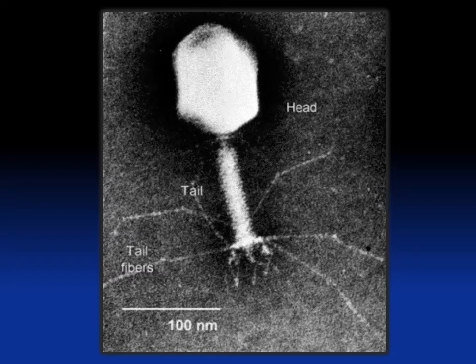They are utilized to penetrate the bacterial cell wall, and this helps in injecting the nucleic acid present in the head through the helical structure and into the host bacterium.